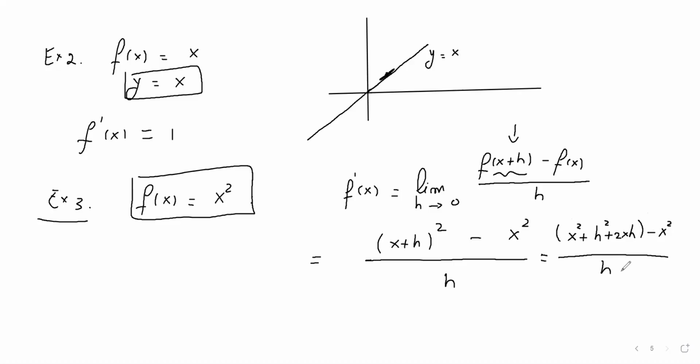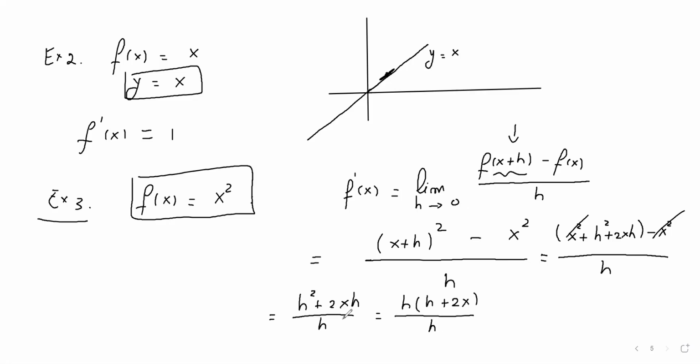And now you will see that as you take out the quantities, make sure that you cancel out the x squares, and you will be left with h squared plus 2xh divided by h. And this is going to be equal to h divided by h plus 2x. So we keep simplifying this fraction.